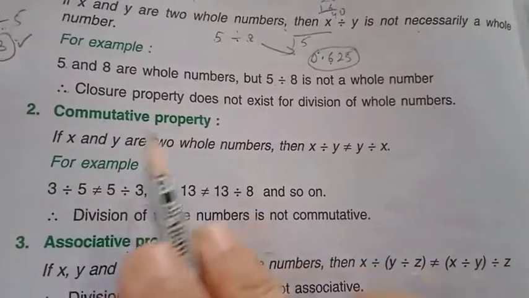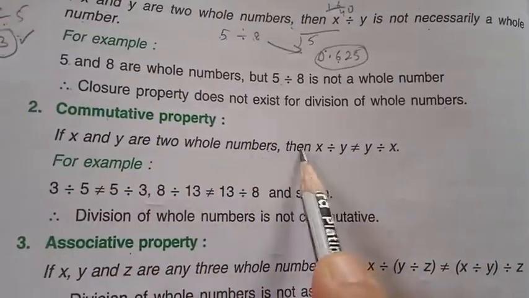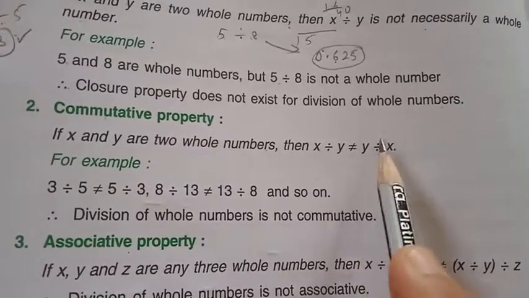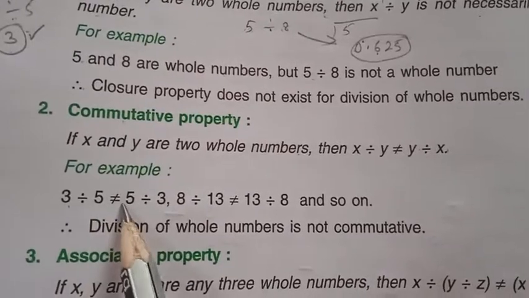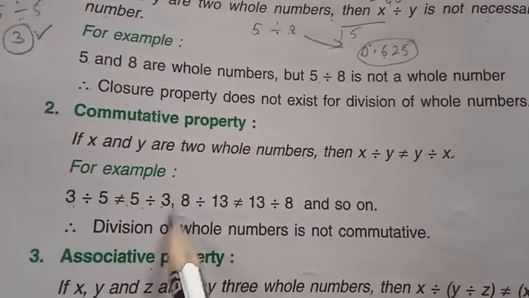Commutative property. If x and y are two whole numbers, then x divided by y is not equal to y divided by x. 3 divided by 5 will never be equal to 5 divided by 3.